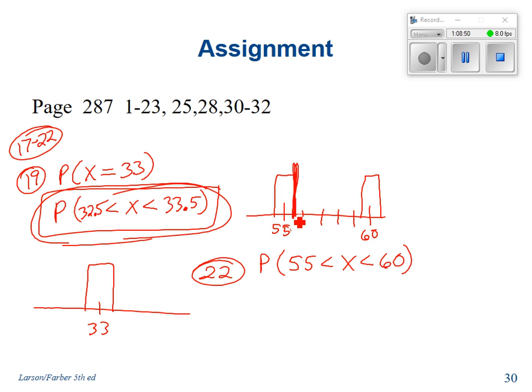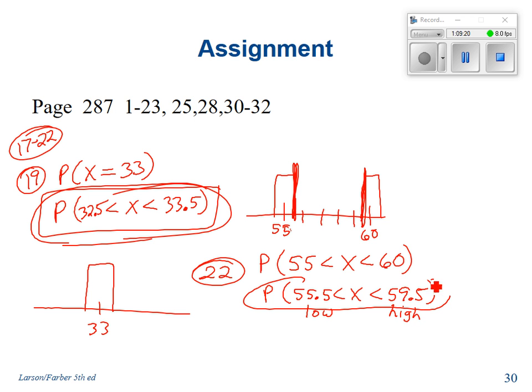And x is less than 60, so we're going to end at 59 and a half. Then if we're doing this on our calculator, that's going to be our low limit and that's going to be our high limit, and we punch in all the other stuff, mean and so on. But that's the answer they wanted right there.